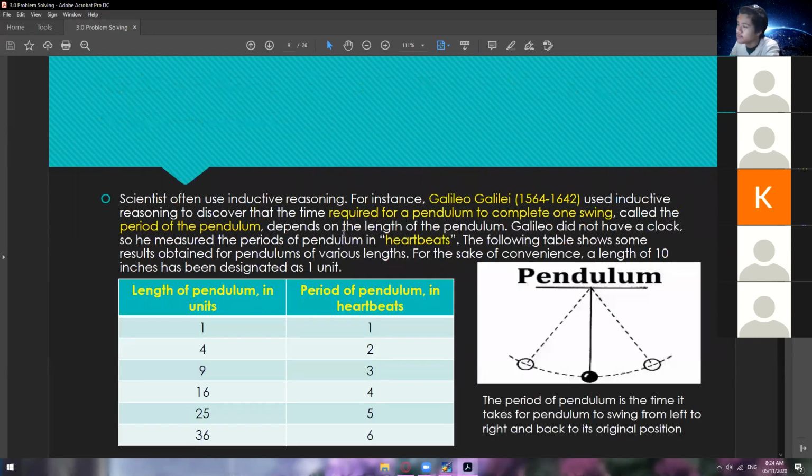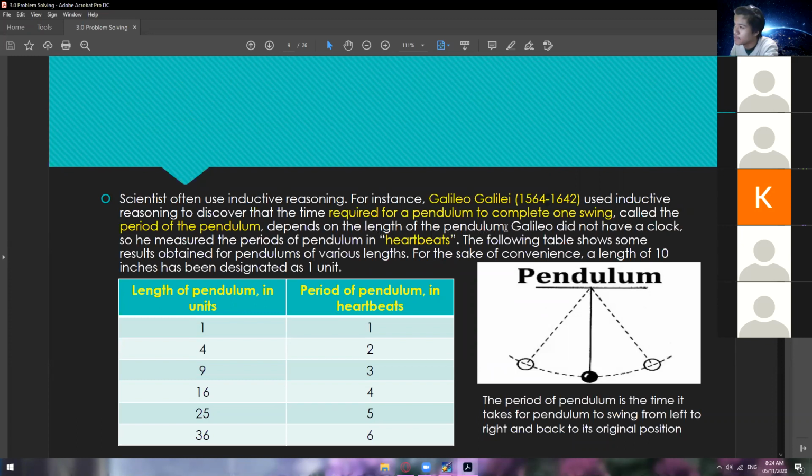All right, another one is the period of a pendulum. A long time ago, Galileo Galilei used inductive reasoning to discover that the time required for a pendulum to complete one swing, called the period of the pendulum, depends on the length of the pendulum.